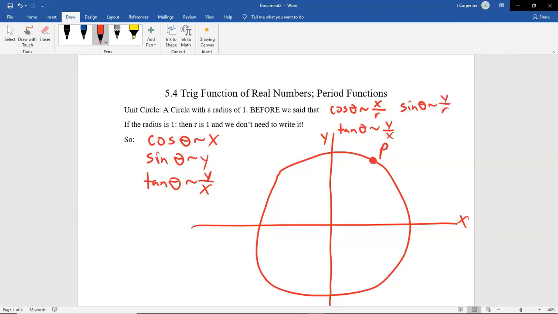This is our point, and that point is x comma y. It's not p times x comma y. It's saying that's a point, and its coordinate is x comma y. Wherever this point is on this unit circle, because it has a radius of 1, this distance right here is a 1, so it's out 1 all around it.